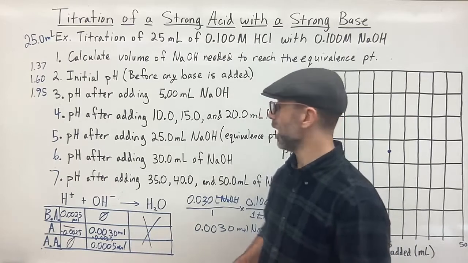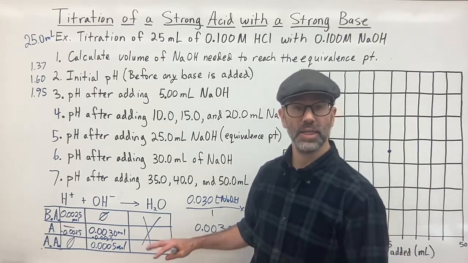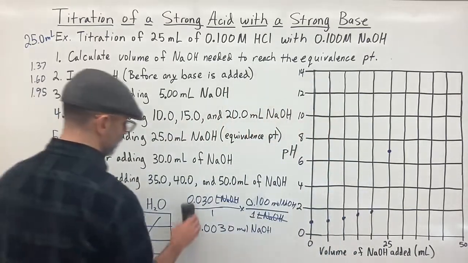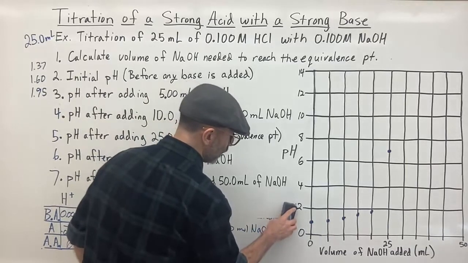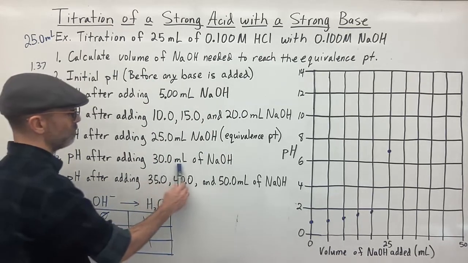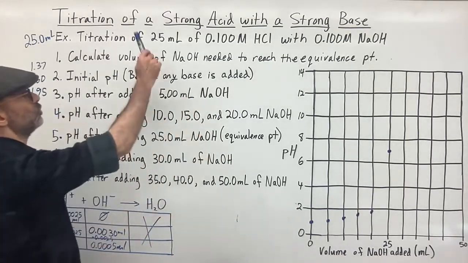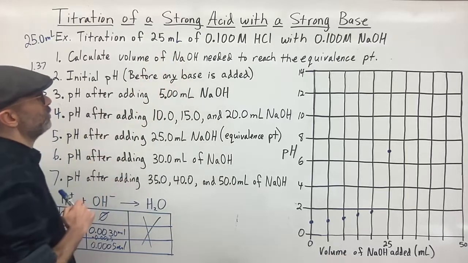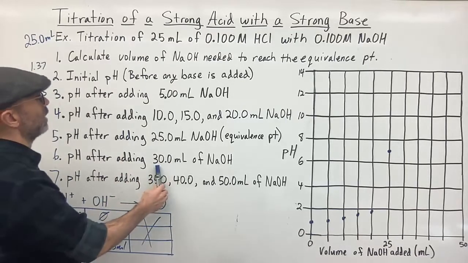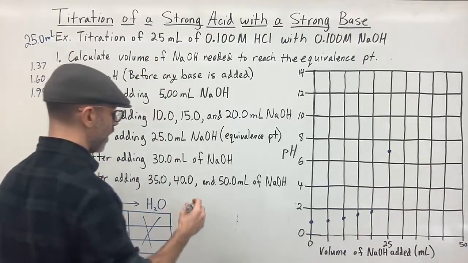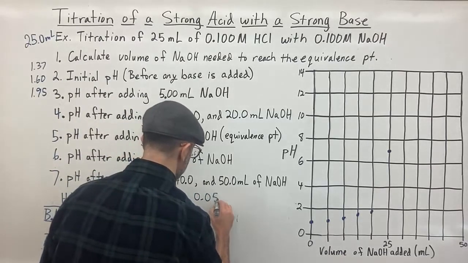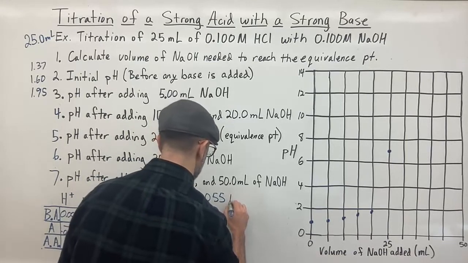Now at this point, we have to calculate the concentration of OH minus that's left over. Again, we have to calculate the new volume. We added 30 mL of our NaOH to 25 mL of the HCl that we started with. The total volume when we add 30 to 25 is going to be 55 milliliters, or 0.055 liters.